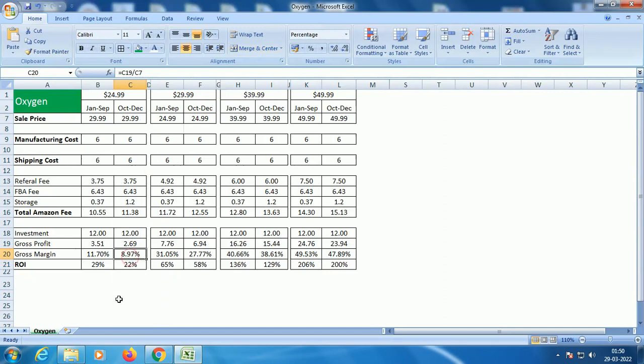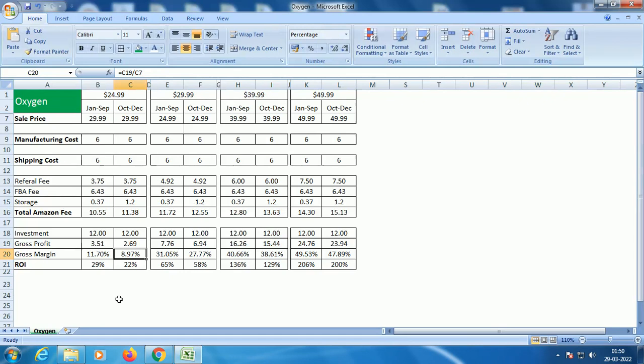But that is not the goal. You are launching at this price point because you want to gain some competitive advantage, and you also want to gain some sales velocity, so that you can gather data from Amazon to see which keywords are doing well, which keywords have a higher CTR and higher CVR, and then rank for those keywords. So that's your primary goal of launching at a low price.